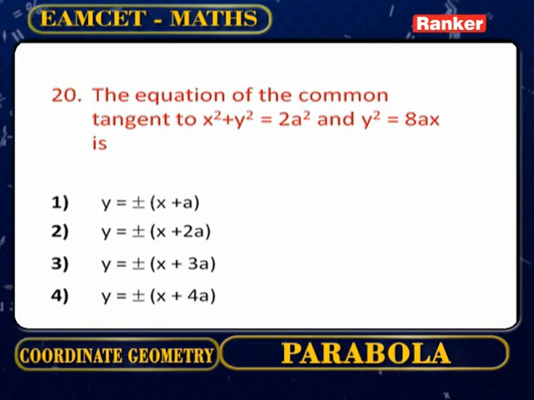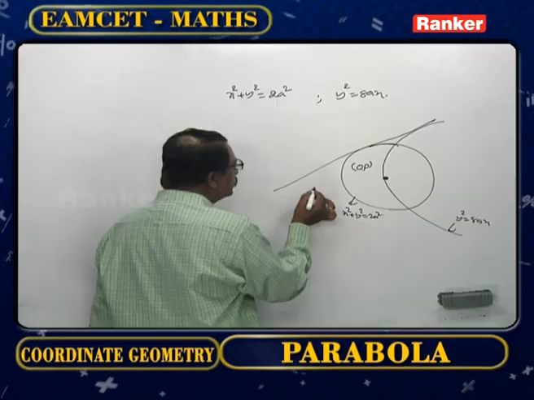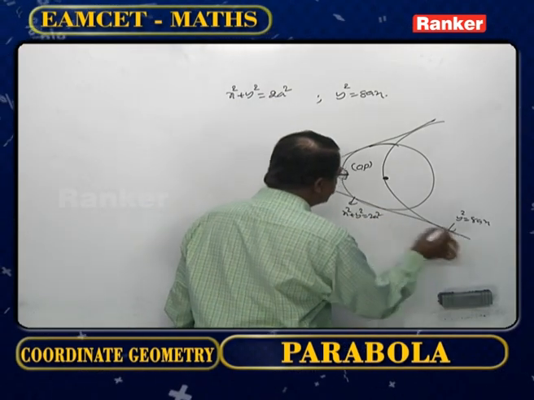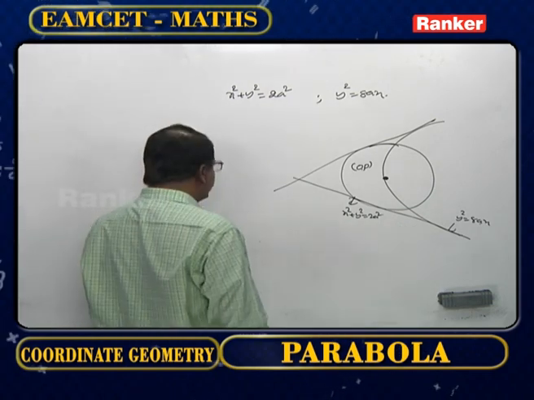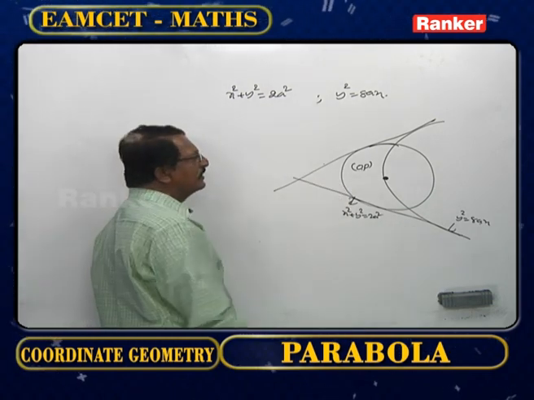The vertex of the parabola is also the origin, with parabola equation y square equals 8ax. Now, we get two common tangents, and we require the equations of those common tangents.